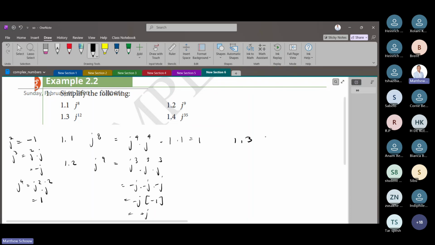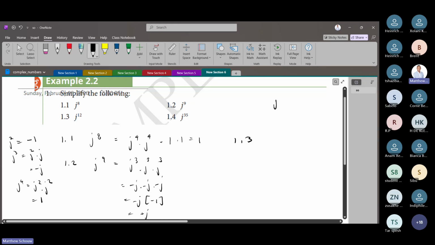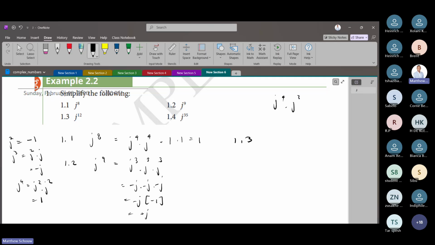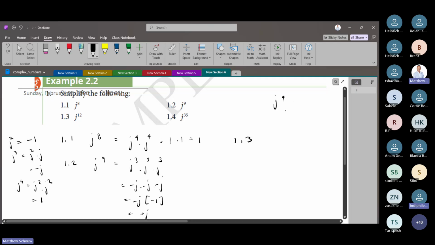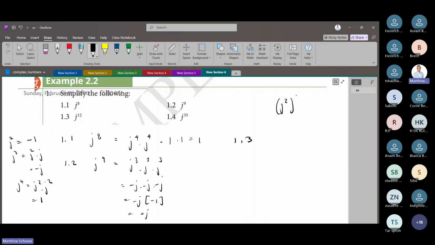Just me doing it. We could say it's J4 times J3. Or we could say what is J12? 12 could be J squared to the power 6. Can we do that? Yes, 6 times 2 is 12.